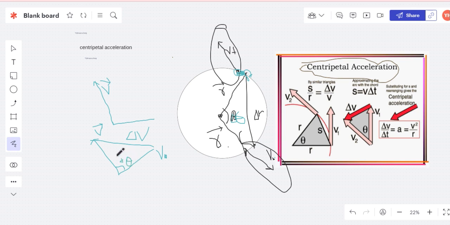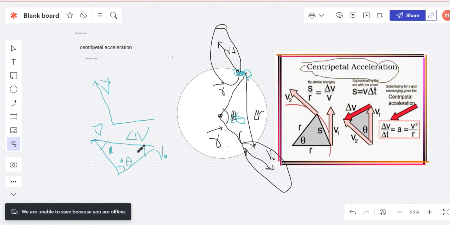This is theta, this is also theta, this is theta, and this is also theta.